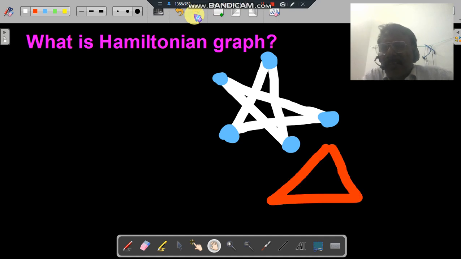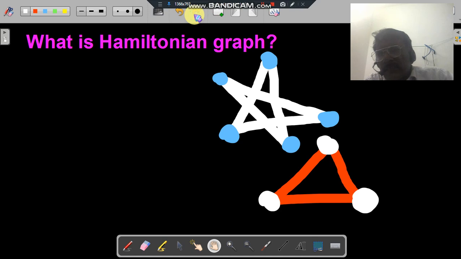This is another graph because it consists of vertices as well as edges. The vertices are joined by the edges. Now let me name the vertices A, B, C, D, and E. So in the first picture there are 5 vertices and 6 edges.